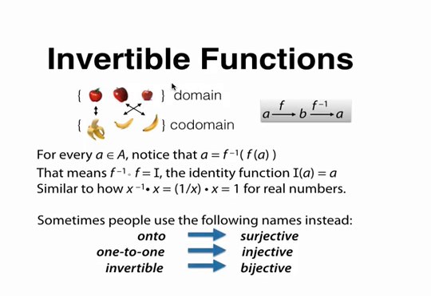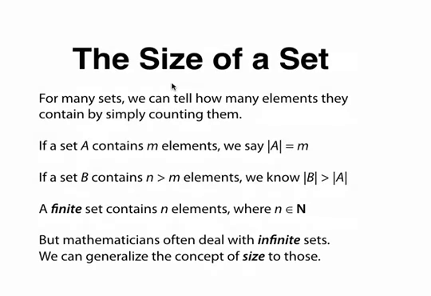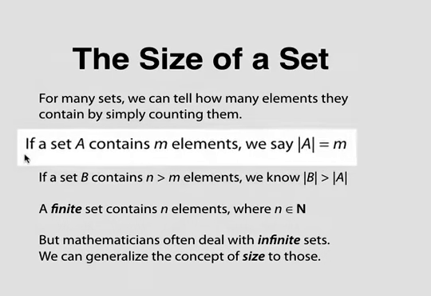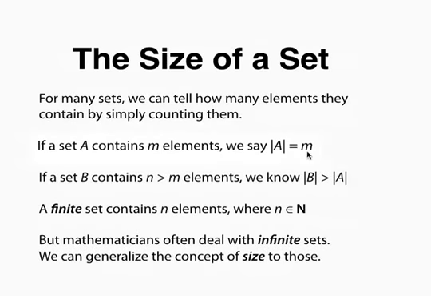That's how you would normally do it. But that only works for finite sets. What does that mean, finite set? If a set contains a number of elements, let's say m, then this is the notation we use: the size of A equals m. And m, we'll talk about it, has to be a natural number if the set is finite.